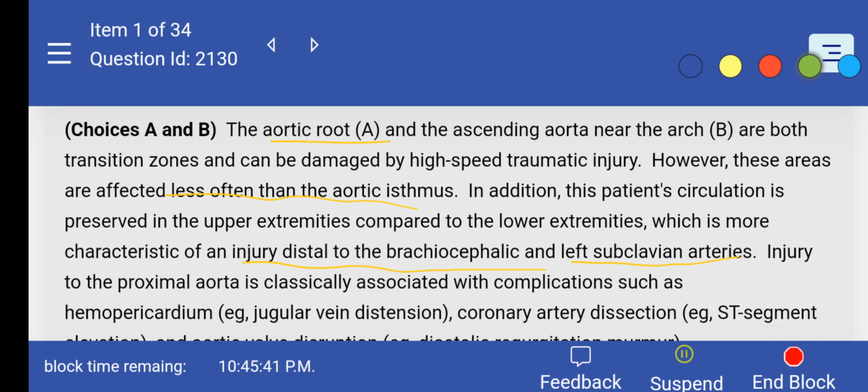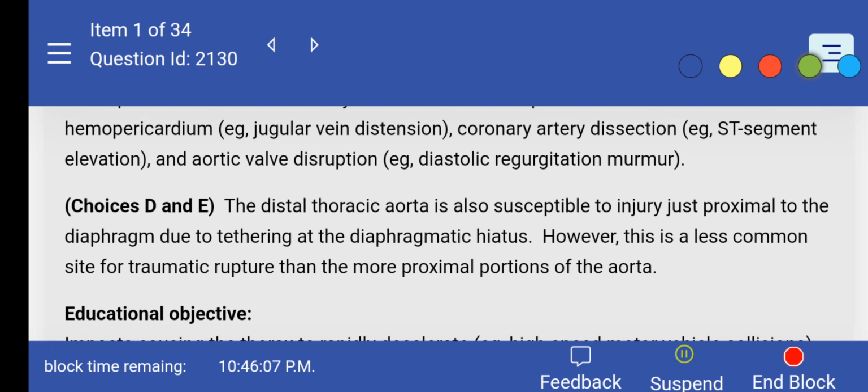Injury to the proximal aorta is classically associated with complications such as hemopericardium, for example jugular vein distension, coronary artery dissection, for example ST segment changes, and aortic wall disruption, for example diastolic regurgitation murmur.